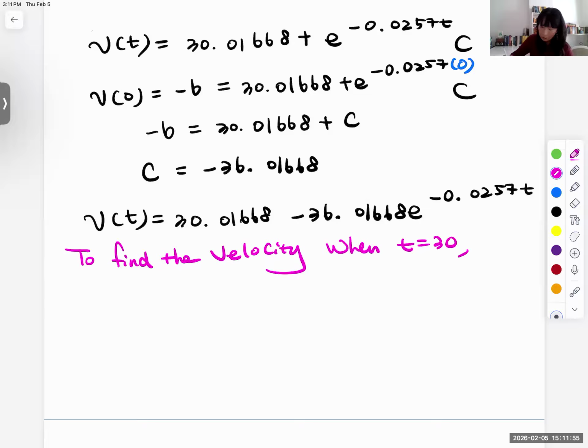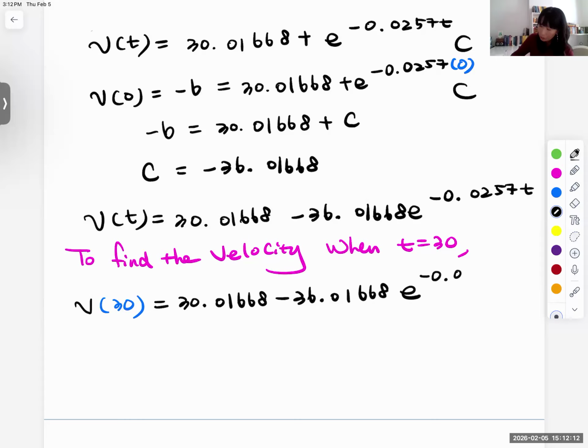So we're using v of 30 equal to 30.01668 minus 36.01668 e to the negative 0.0257t, where t is 30.